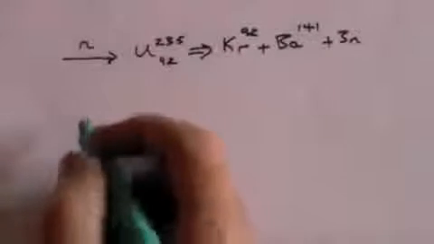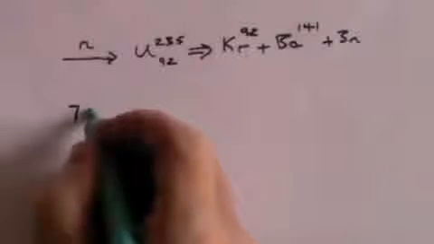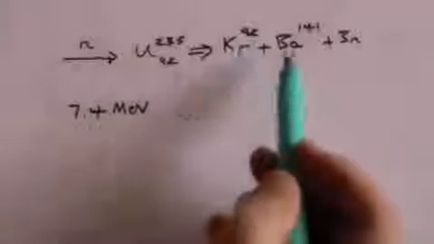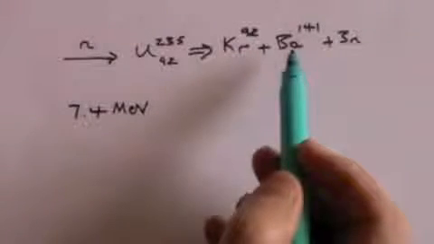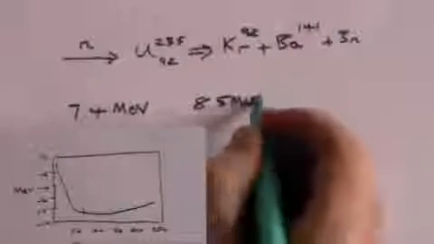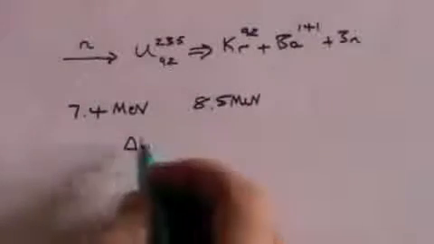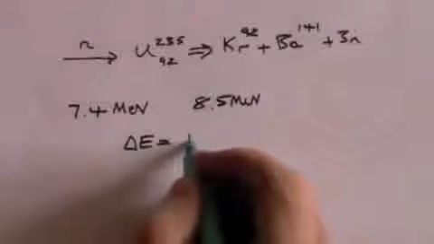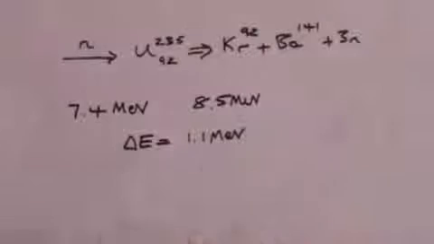But the uranium binding energy per nucleon is about 7.4 MeV, whereas krypton and barium each have a binding energy of about 8.5 MeV. So there's an energy difference per nucleon of about 1.1 MeV.